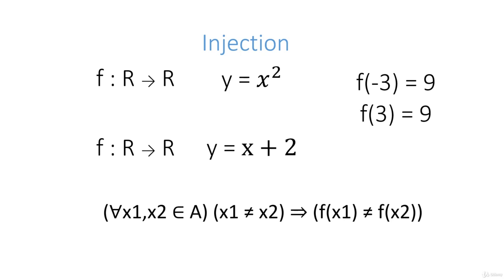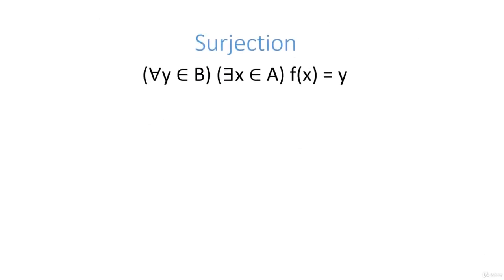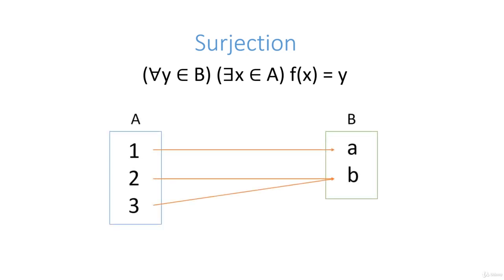The other property is surjection, and what does that mean? Well, a function from A to B is surjective if there is an arrow to every element in B. So, for every y from B there exists x from A and it is true that f of this x will result in y. So, for example, the function from A to B, where A contains 1, 2, and 3, and B contains a and b, is surjective.